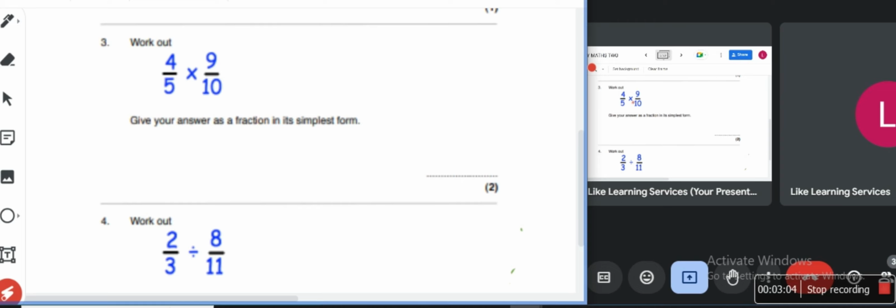Can you divide 4 and 10? Any number, it doesn't have to be 4, that will divide it. Any number that can divide 4 and also divide 10. 2 and 10. Yes. So let's go. If you have a number that can divide a numerator and also divide a denominator, you divide it out.